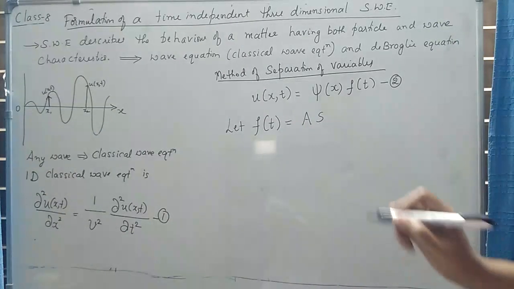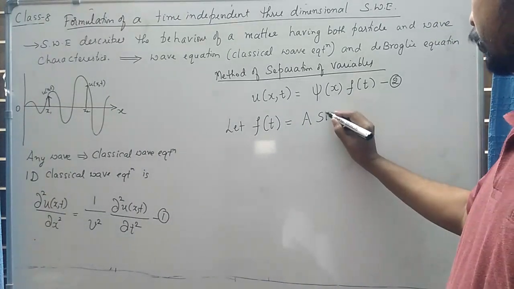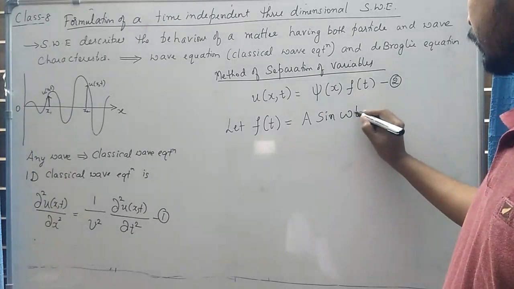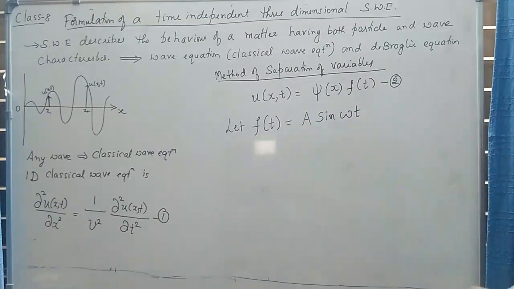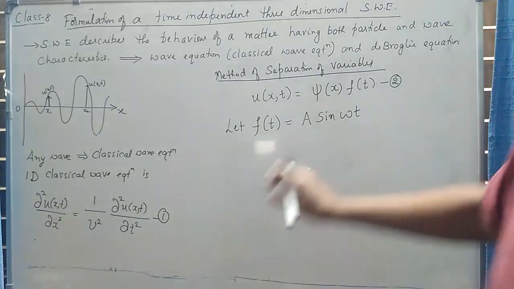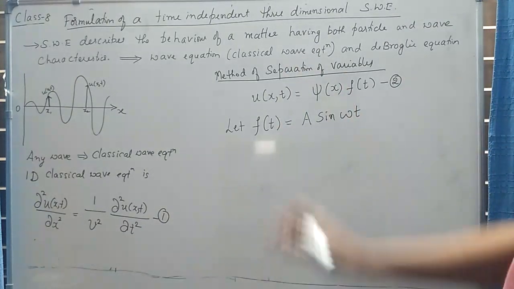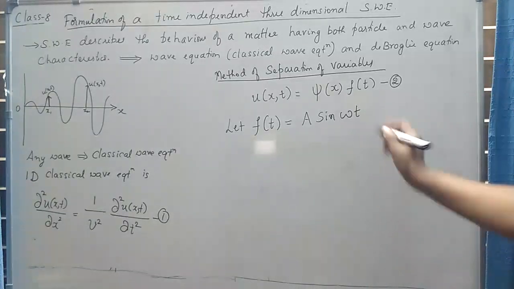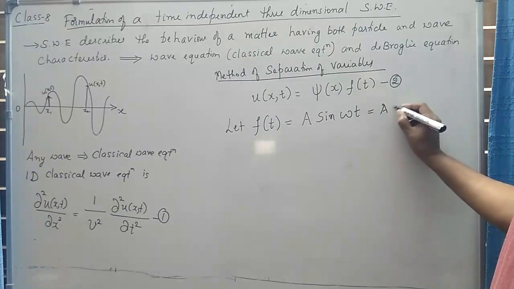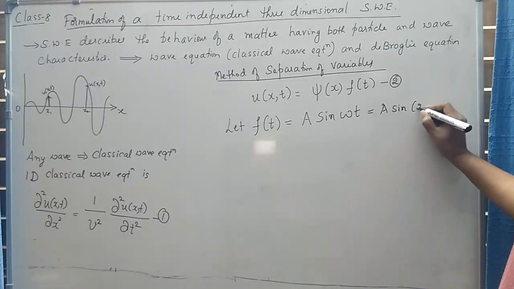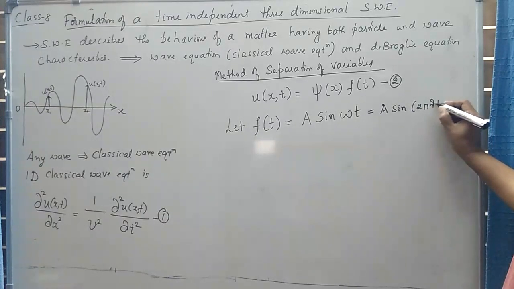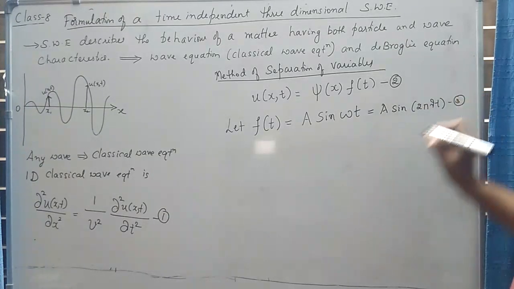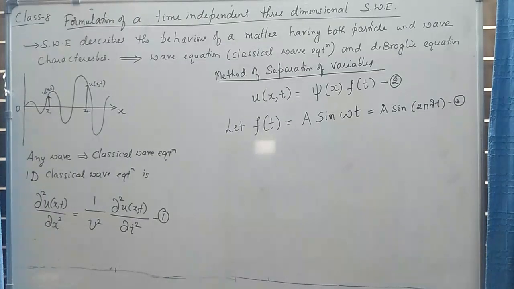So we will set here f of t as a into sine omega t. So this is a periodic function. This you have studied in your basic physics class, that a into sine omega t represents a periodic function. So this is nothing but a into sine 2 pi nu into t, where nu represents the frequency of the wave.